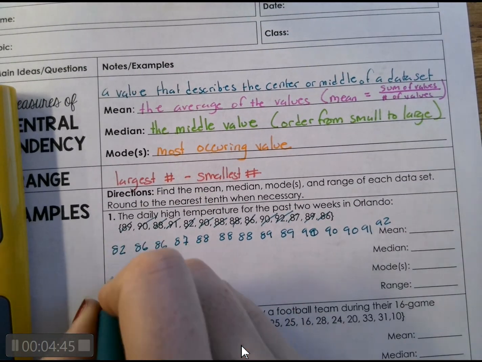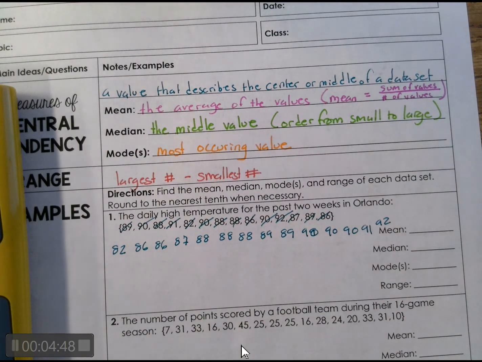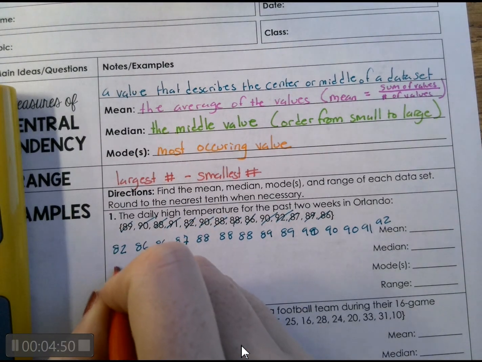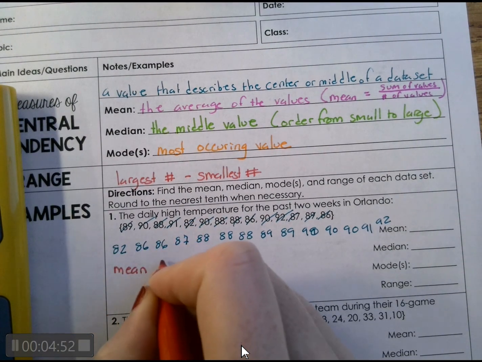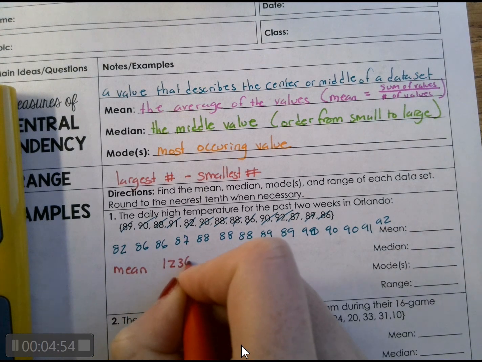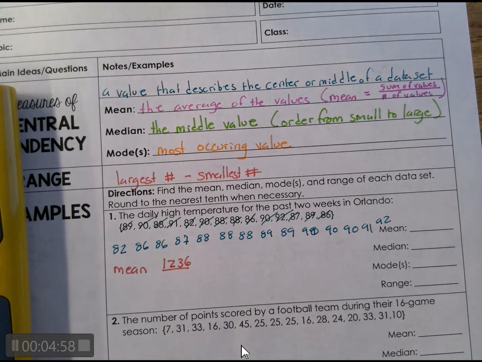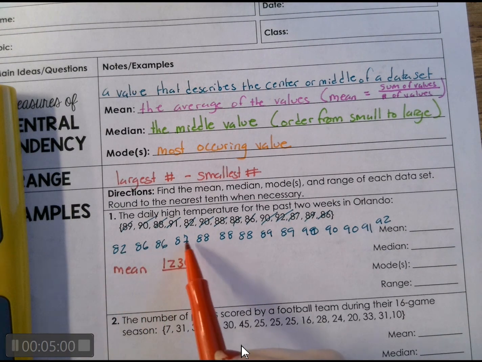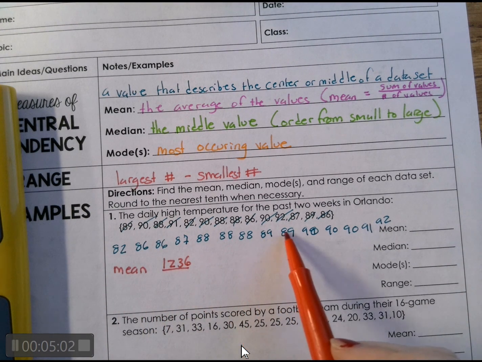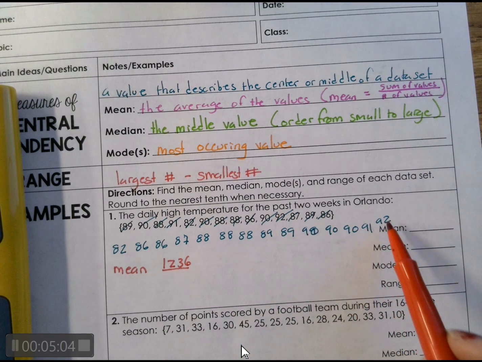Okay, and that gave us 1,236. So for mean, I have 1,236, and I need to divide it by our total number of values, which is 1, 2, 3, 4, 5, 6, 7, 8, 9, 10, 11, 12, 13, 14.